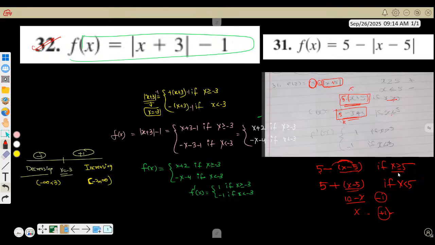So for greater than, your function is decreasing; for less than, your function is increasing, because you are getting positive for this. So at x equal to 5, on the left side you are getting positive, so increasing, and on the right side negative, so decreasing. You understand?